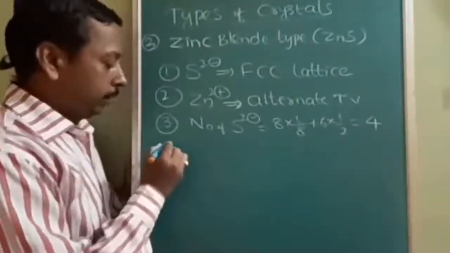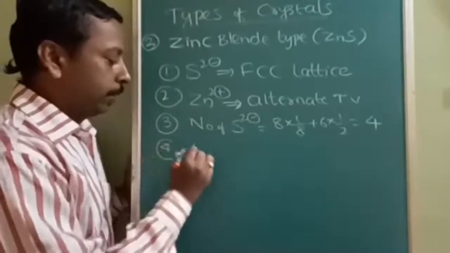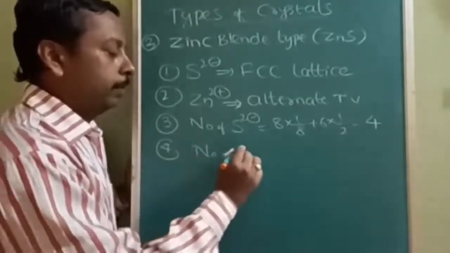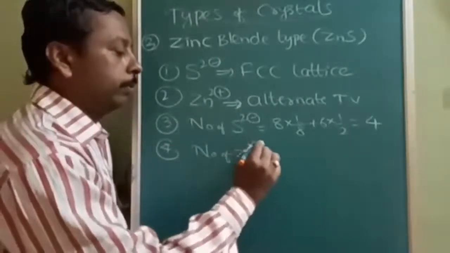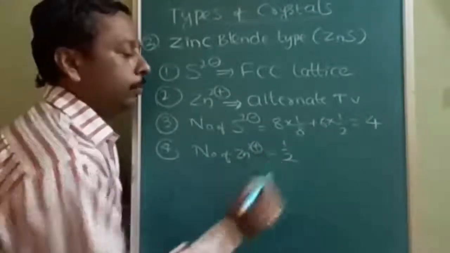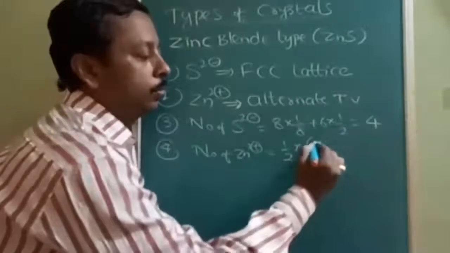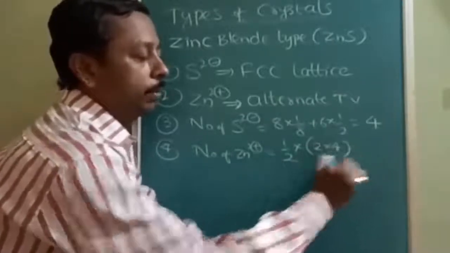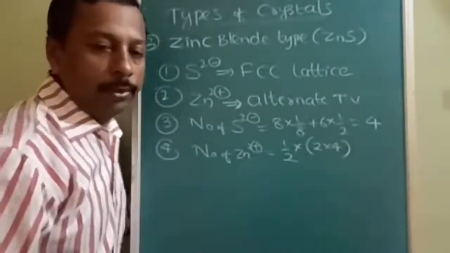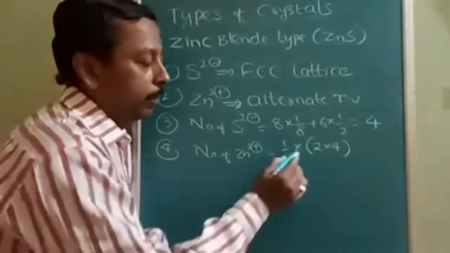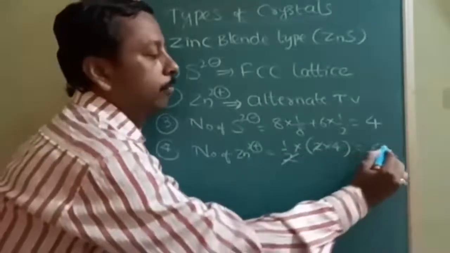Now let us see the number of Zn 2 positive. Alternate means half only. So half of the tetrahedral voids will be half of 2 into number of lattice points. This and this will get cancelled, 4.